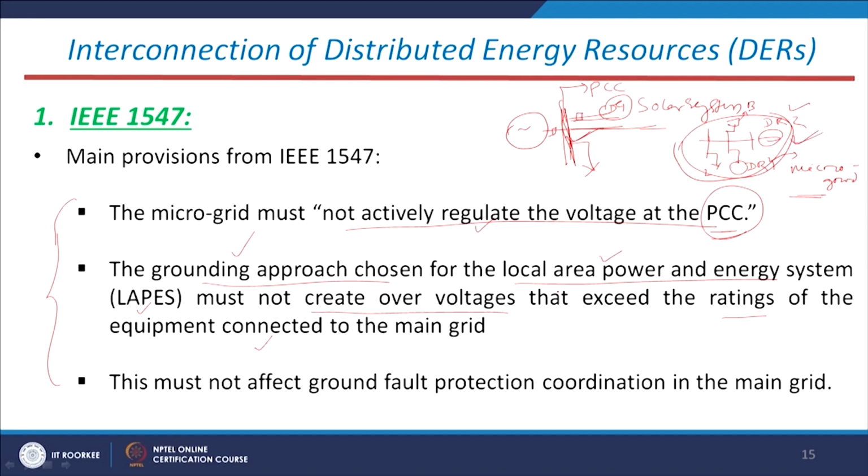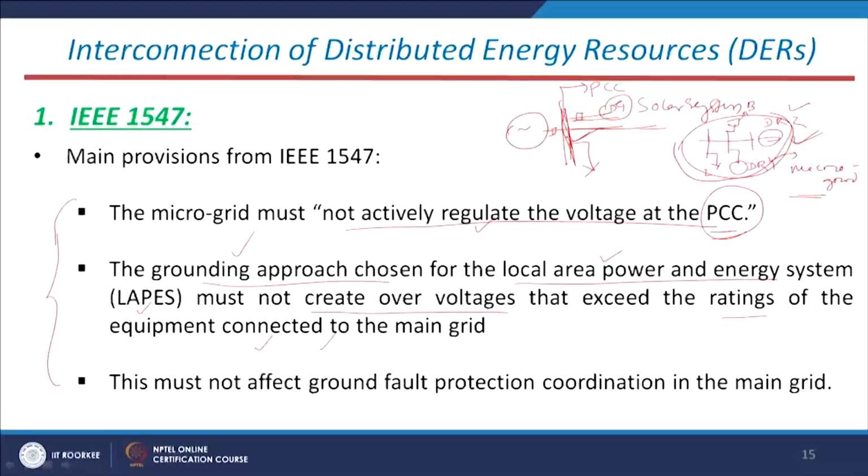Locally, how much power and energy we are getting from the DERs or batteries, it must not create over voltages that may exceed the rating of the equipment connected to the main grid. Inside the main grid we have many equipments.